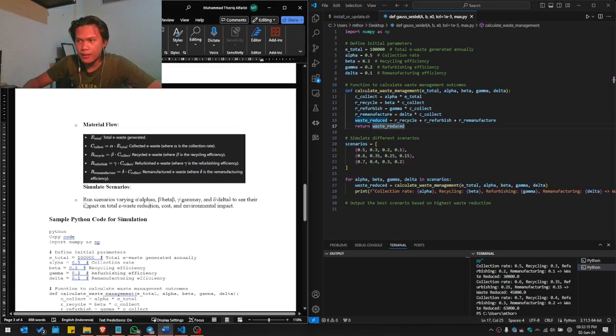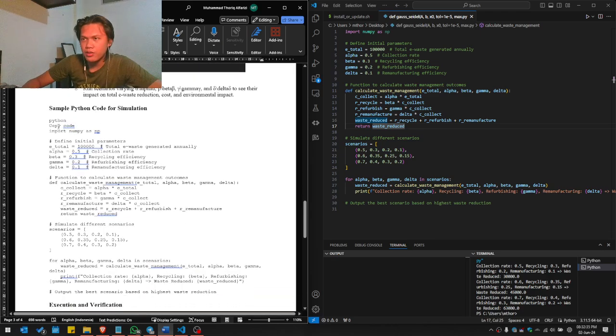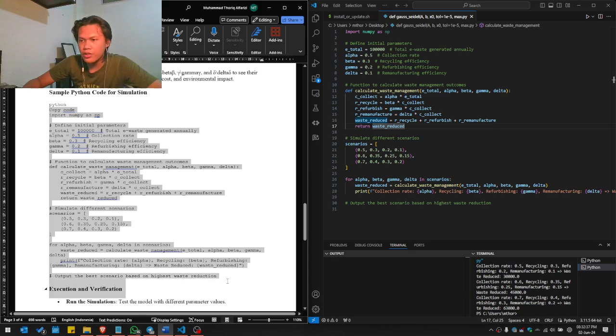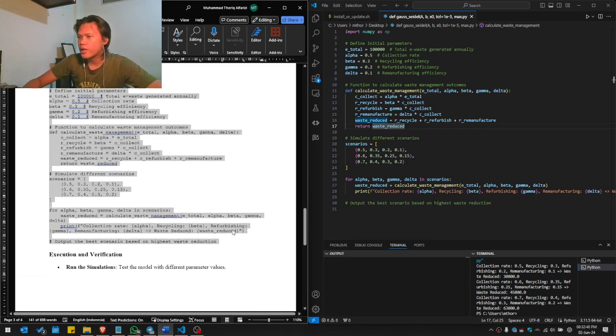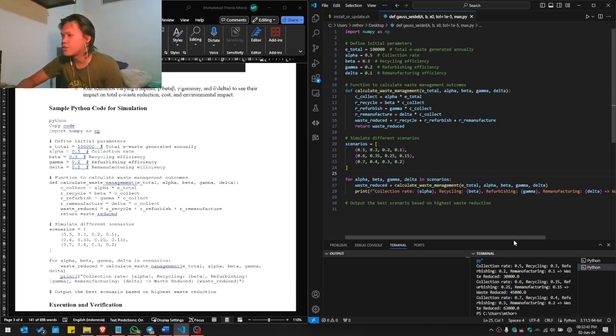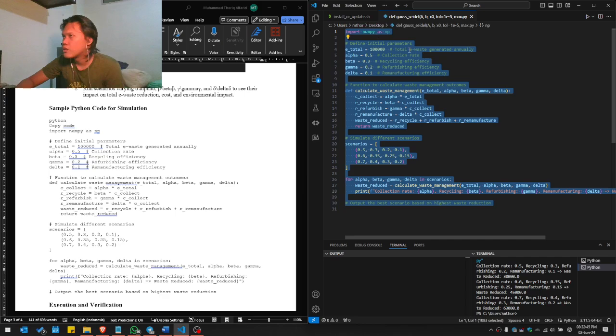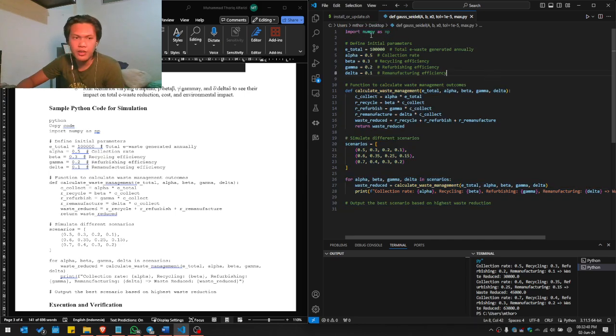So we run scenarios varying alpha, beta, gamma, and delta to see their impact on total e-waste reduction, cost, and environmental impact. We have our sample Python code here for a simulation, and we will run the code. As you can see here, we import numpy as np, which is a library for Python, and we run it.